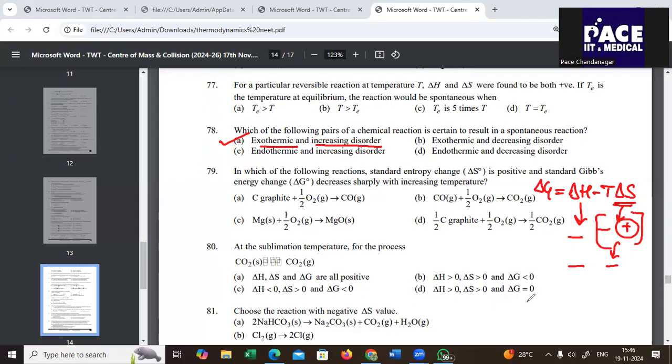Same again, delta G is equal to delta H minus T delta S. Delta S is positive, and Gibbs energy decreases sharply with increasing temperature, so the reaction is spontaneous. As temperature increases, delta S is positive for graphite, because graphite, as the temperature is increased, moves from a solid state to the gaseous state.